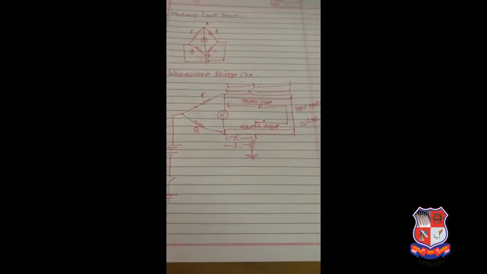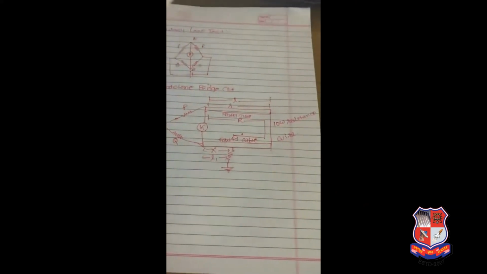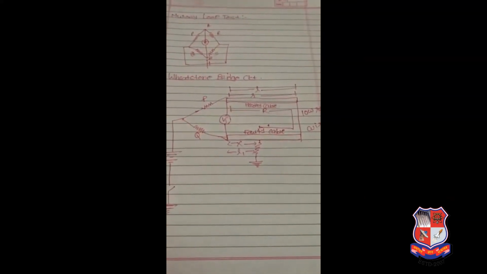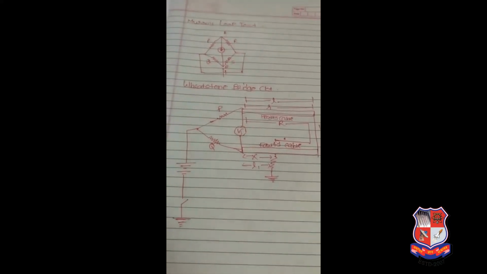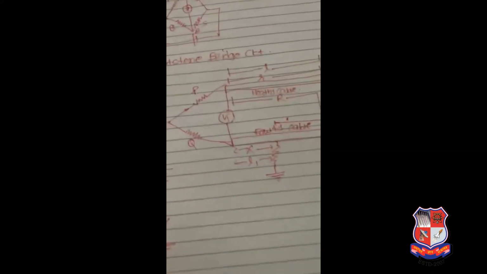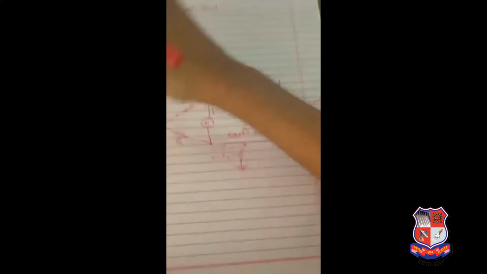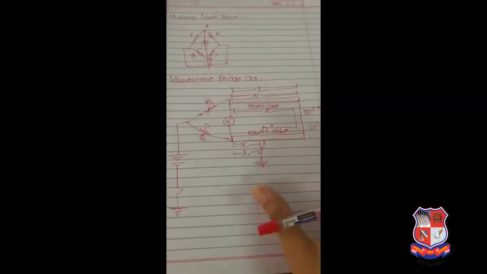Okay. This is the Murray loop test method model. We take the healthy cable, the faulty cable, and the two resistances P and Q. These two resistances P and Q are variable resistances.